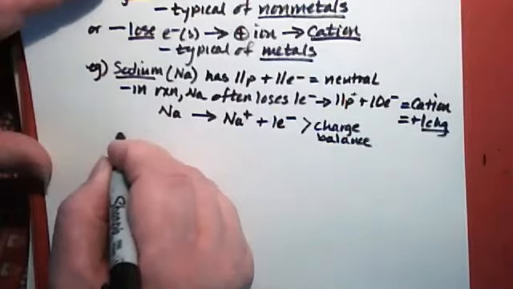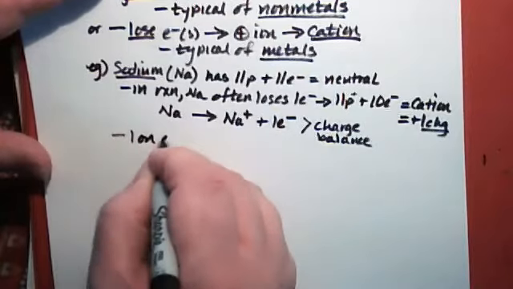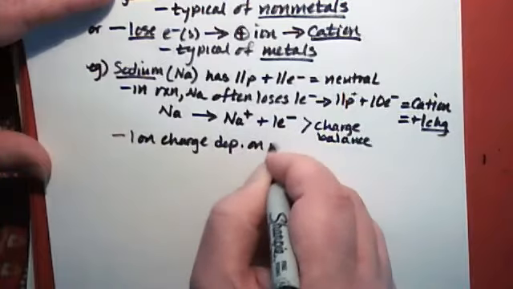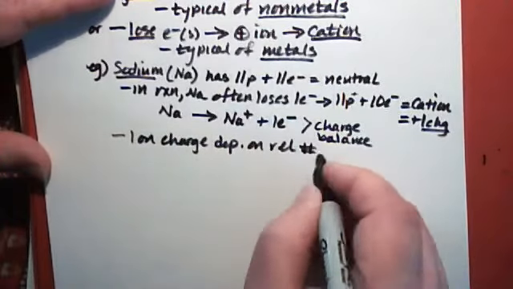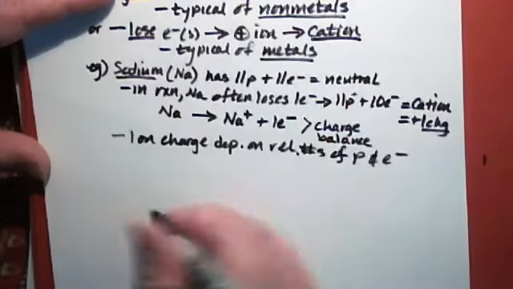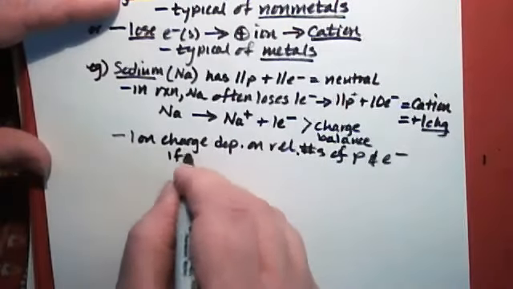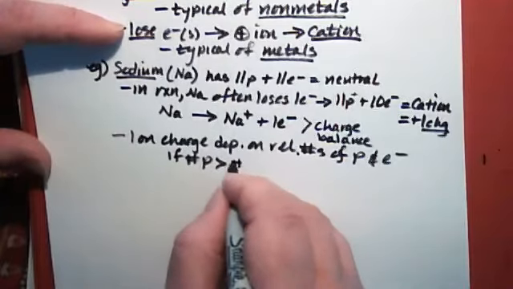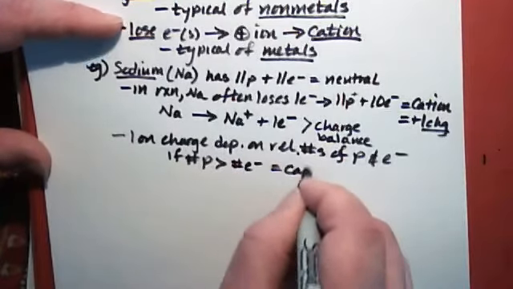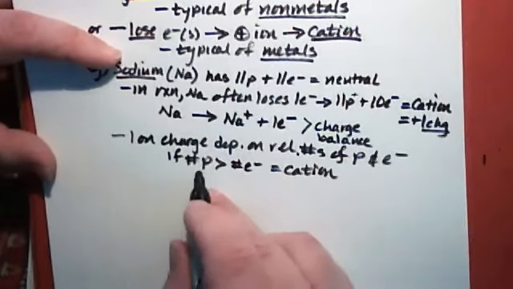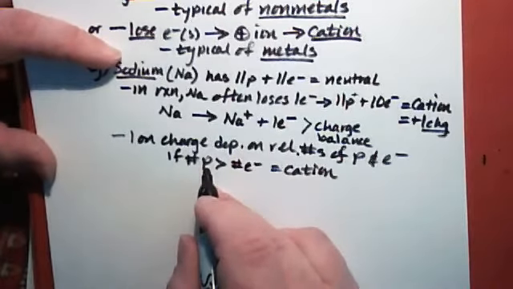So the ion charge depends on the relative numbers of protons and electrons. If the number of protons is greater than the number of electrons, it's going to be a cation, a positively charged ion, and the charge will be plus one for each proton that's not being canceled out by an electron.